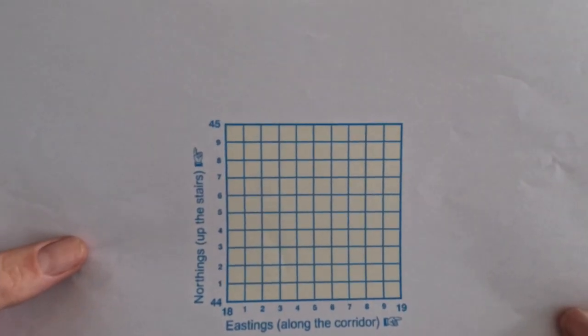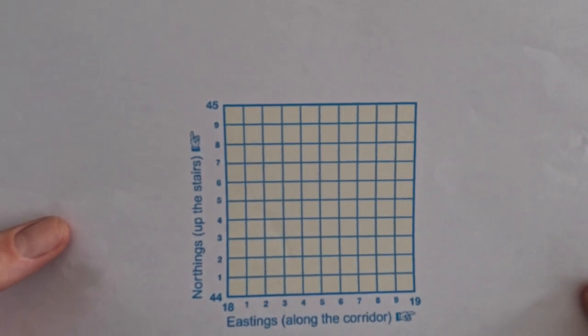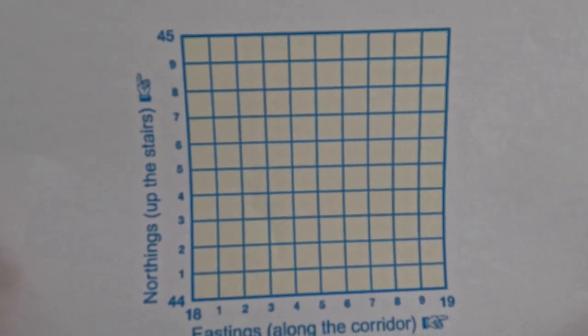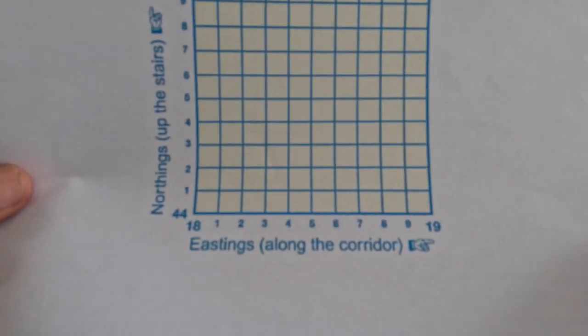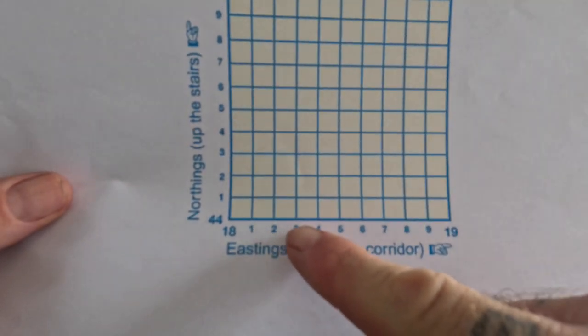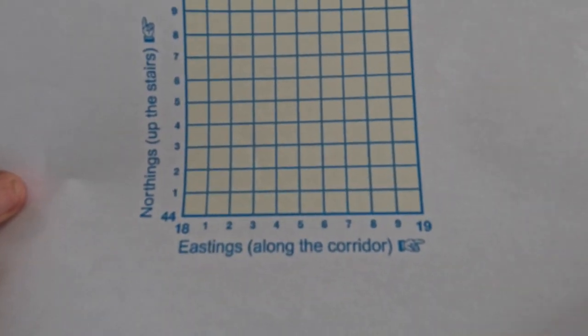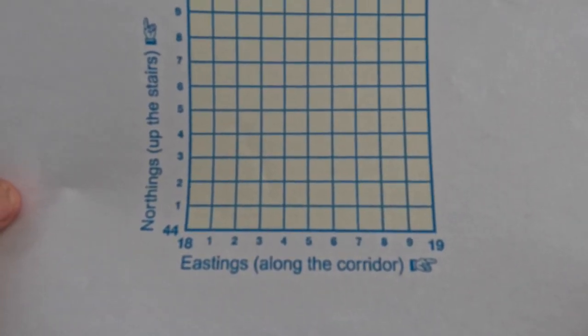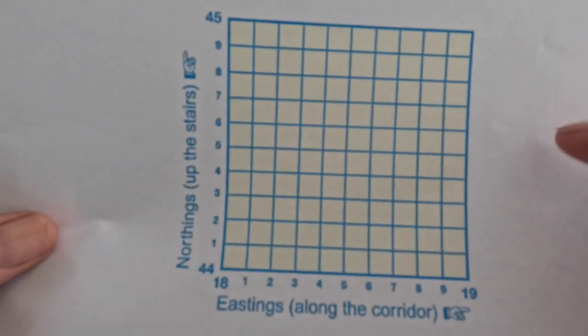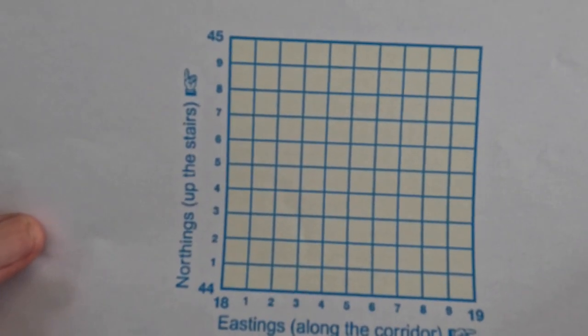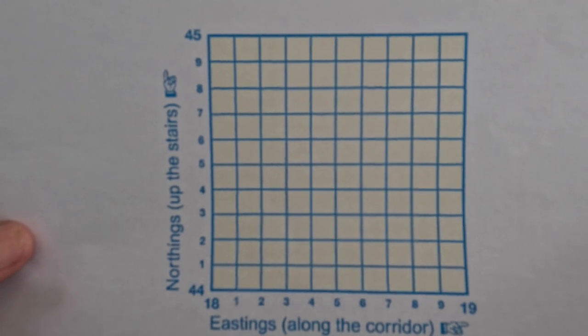So for that square, guys, if you want to give a 6-figure grid reference, you'd break it down into segments: 1, 2, 3, 4, 5, 6, 7, 8, 9, 10. Same on the side, 10 segments. This is how you would get your 6-figure grid reference.